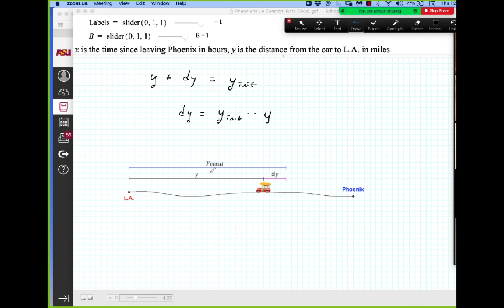And y is our changing variable, but it also takes on the role of y final at any given moment. Would you agree? So what do you think of this? I got dy equals y initial minus y final.